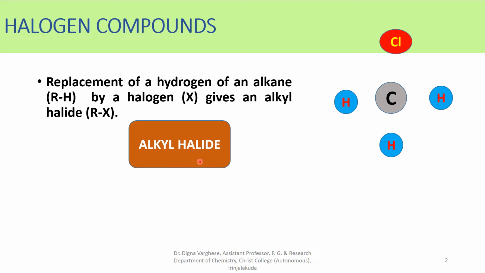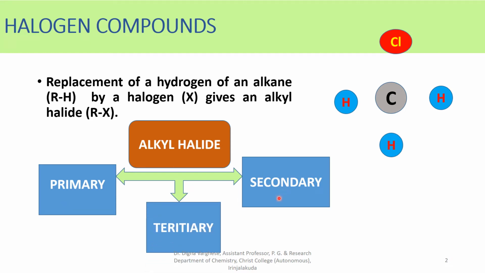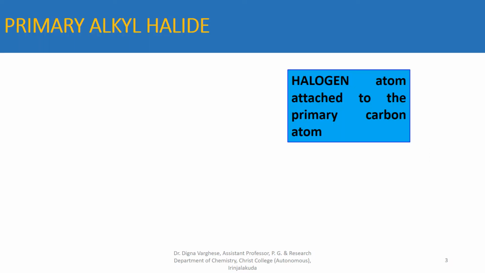So alkyl halides may be classified into three types. One is primary alkyl halide, another one is secondary alkyl halide, and the third one is tertiary alkyl halide. Primary alkyl halides: the halogen atom is attached to the primary carbon atom.